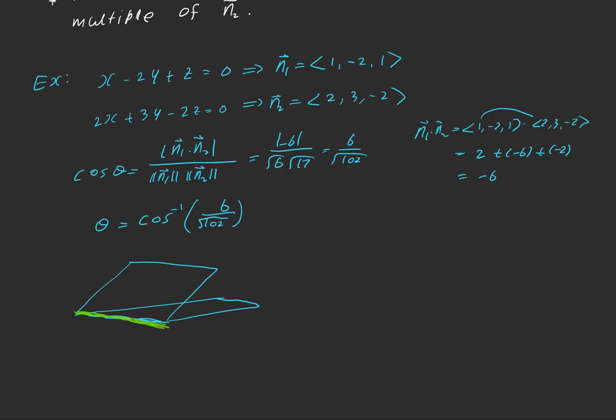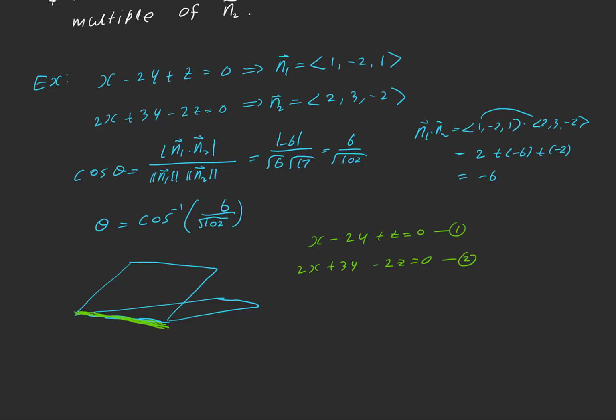On this line the points of both planes must be the same, right? Therefore, let me consider these two equations: x minus 2y plus z equals 0, I say that is the first one, and 2x plus 3y minus 2z equals 0, that is the second one.